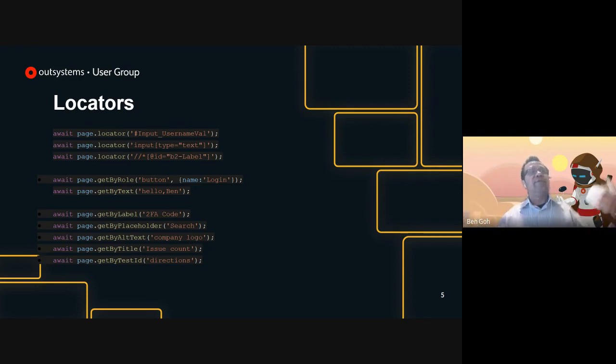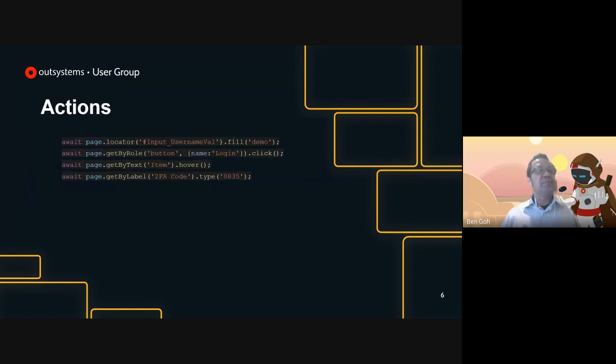You can identify text on the page. You can look at the label. You can find placeholder, alternate text, title, and test ID, which is an attribute on one of those elements that you can use. So you can find your elements using locators.